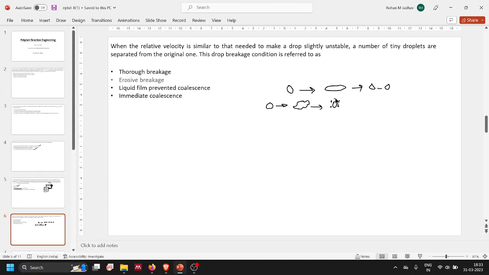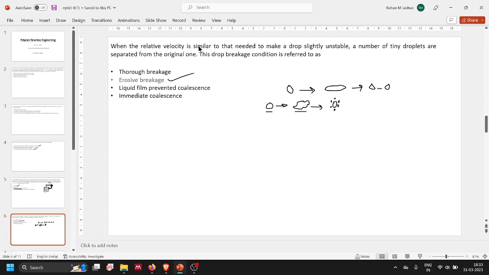So as you can see, first the drop exists, then it starts deforming into a non-spherical droplet, and then in the areas where the non-sphericity is high, small drops start eroding away from the main body, and that's why it's called erosive breakage.